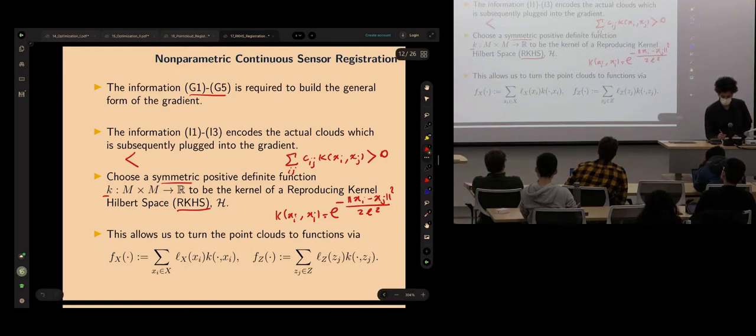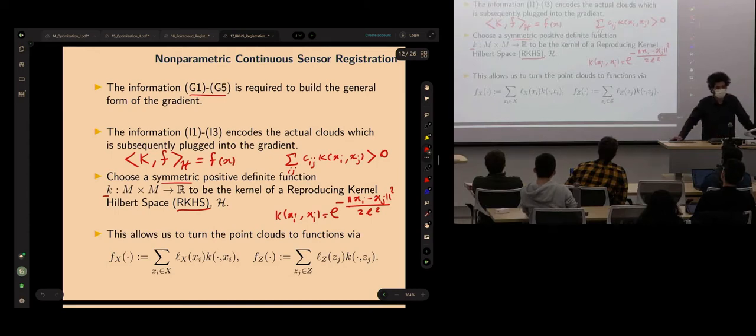There's a structure in RKHS that allows you to evaluate your function at a particular point by taking its inner product with the kernel.